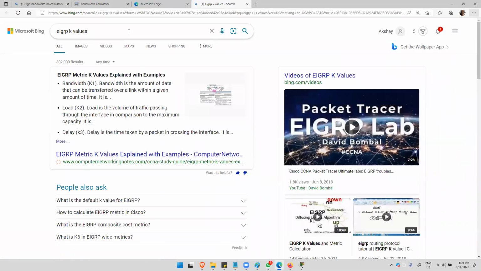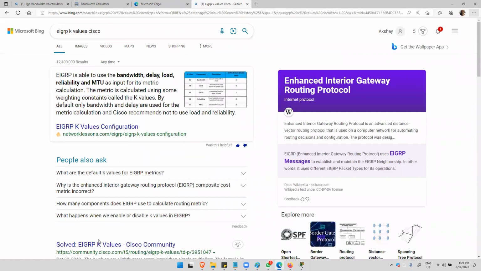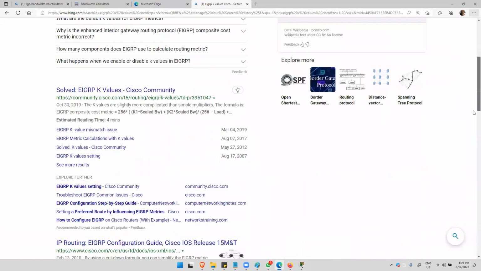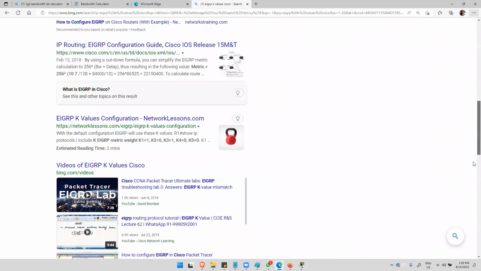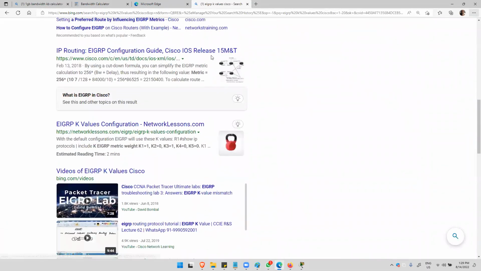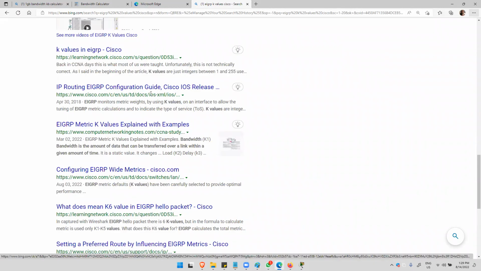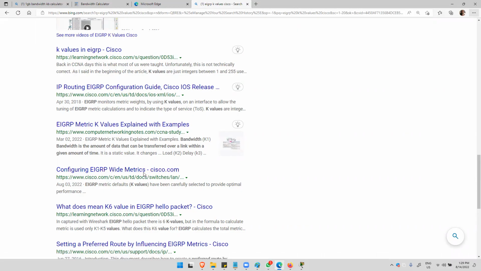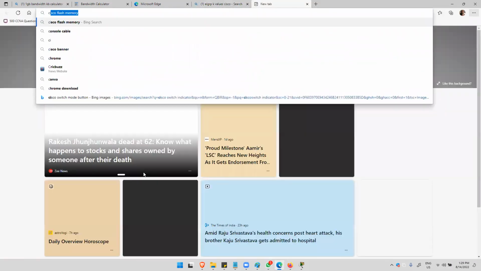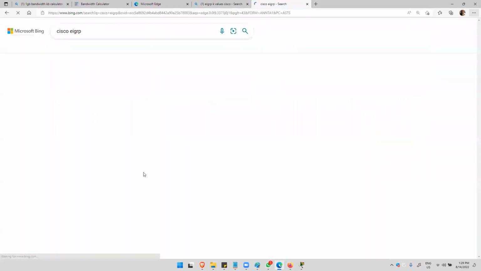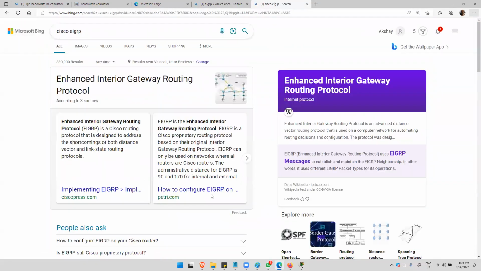Where are the Cisco EIGRP K values? Cisco official. This one.